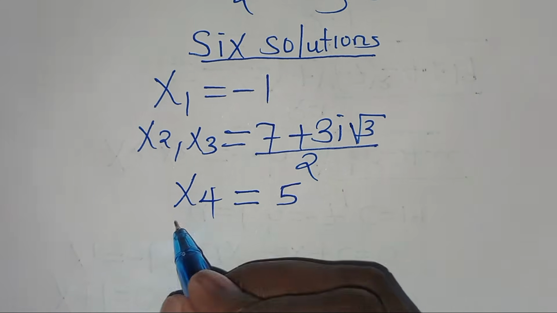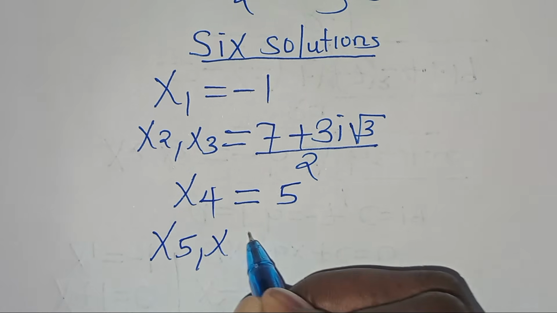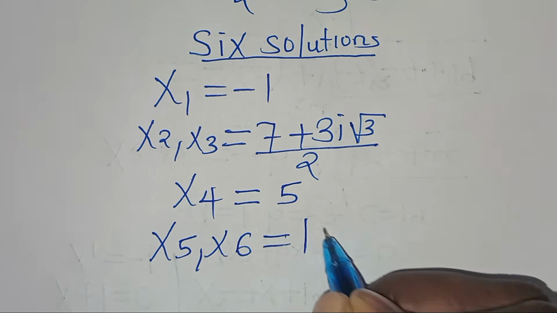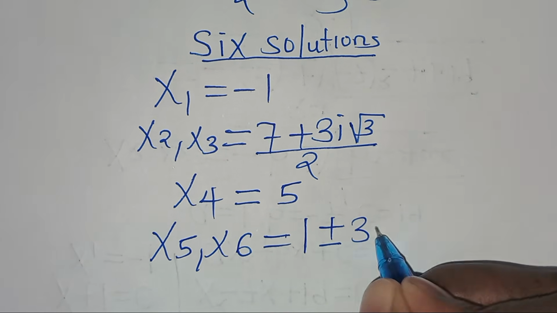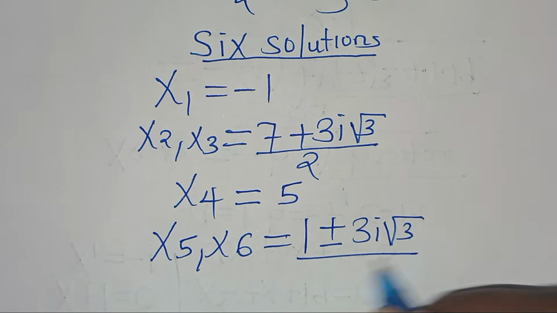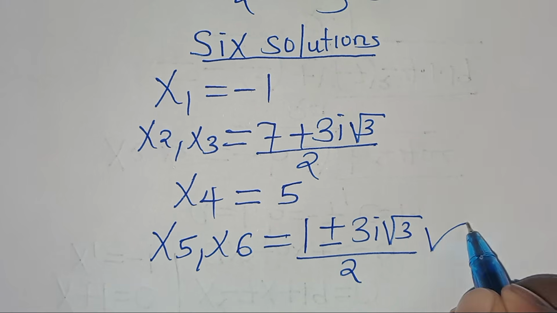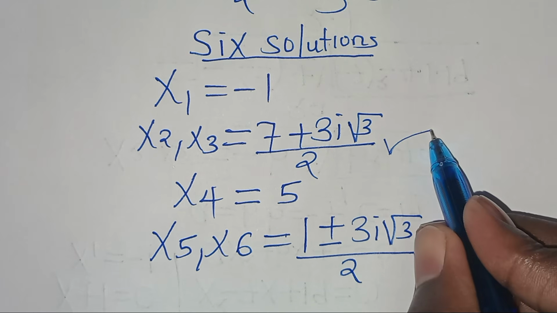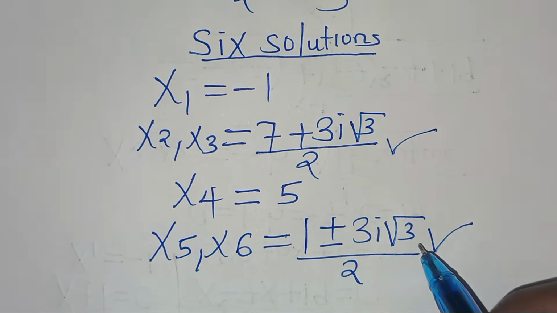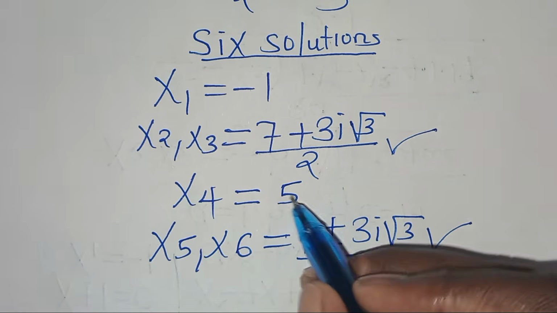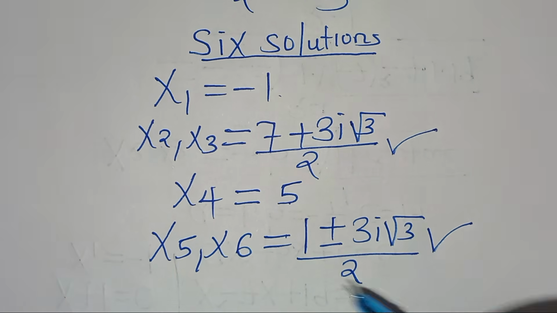And we have that x5, x6, this is equal to 1 plus or minus 3i square root of 3 over 2. So these are two complex solutions. That means we have 4 complex solutions and we have 2 real solutions.